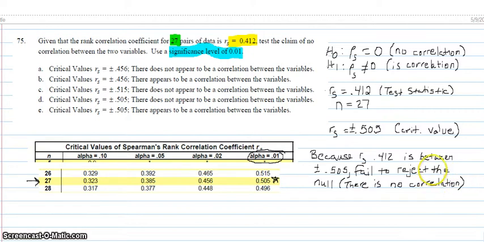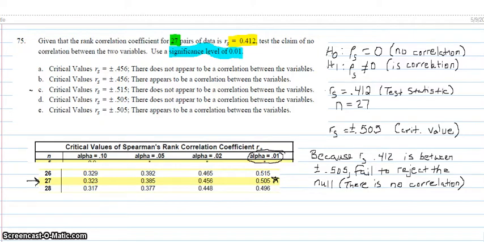So let's look at our answers. It cannot be answer A because the critical value is not 0.456 plus or minus. It cannot be answer B because your critical value is not plus or minus 0.456.